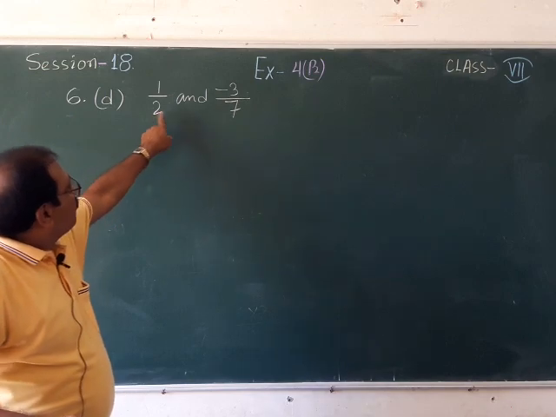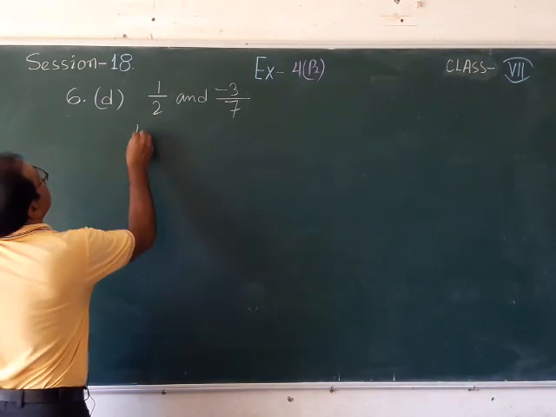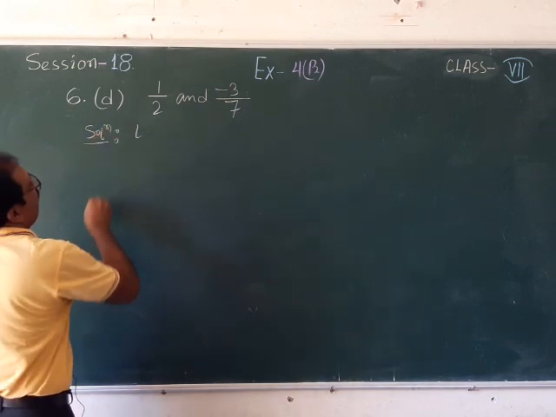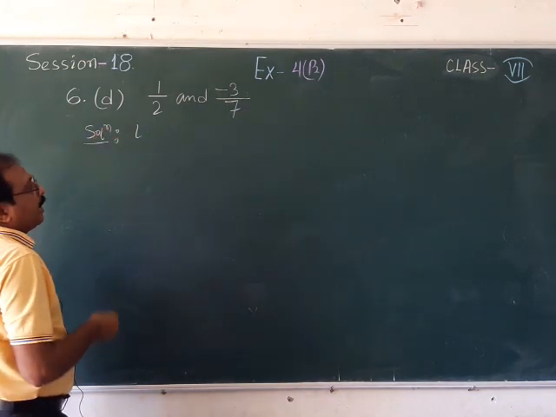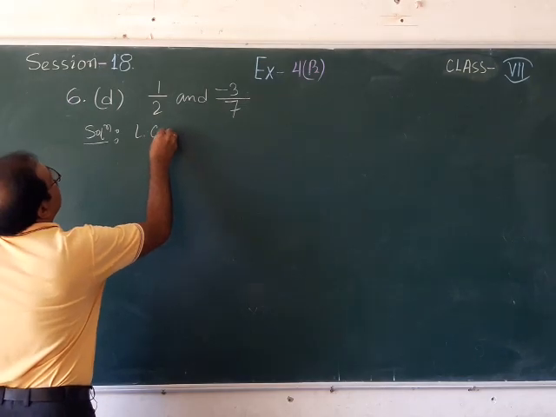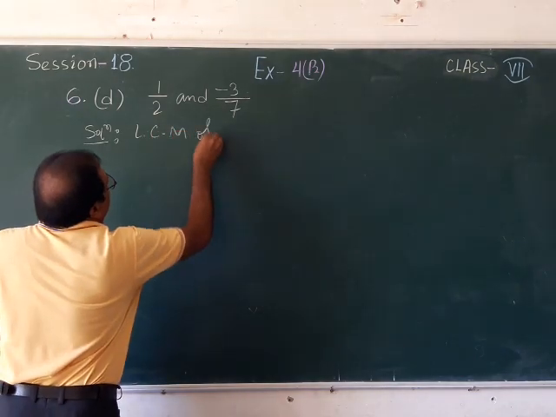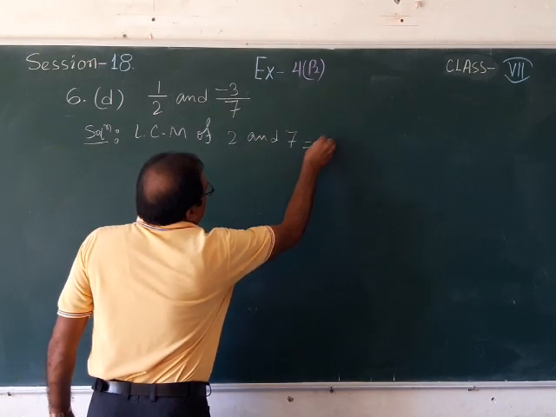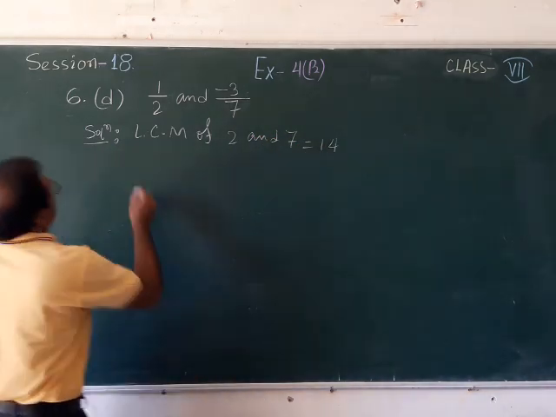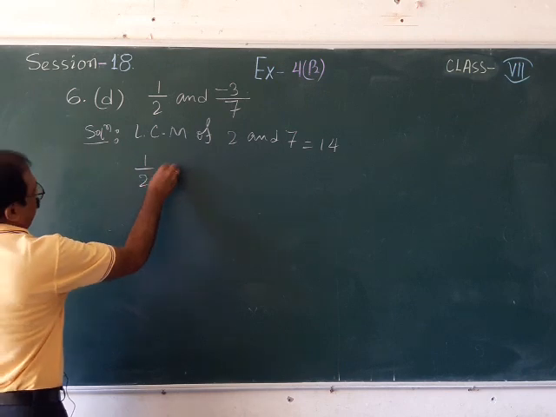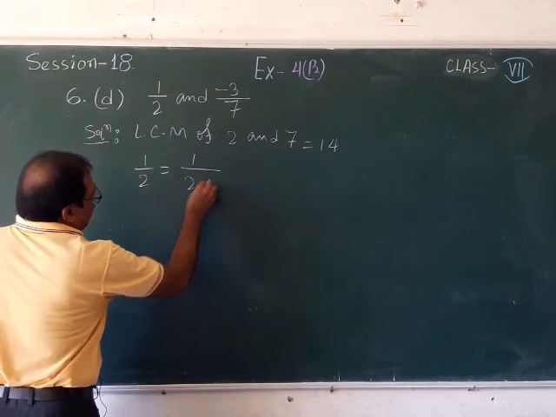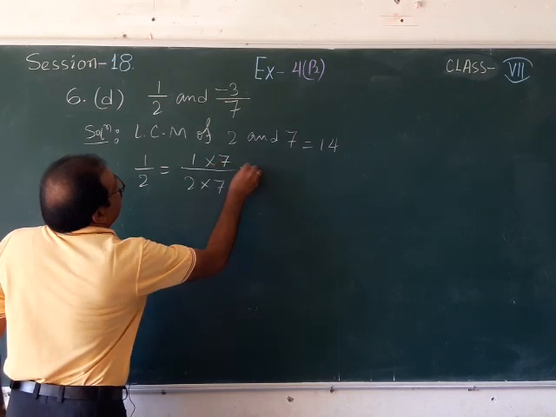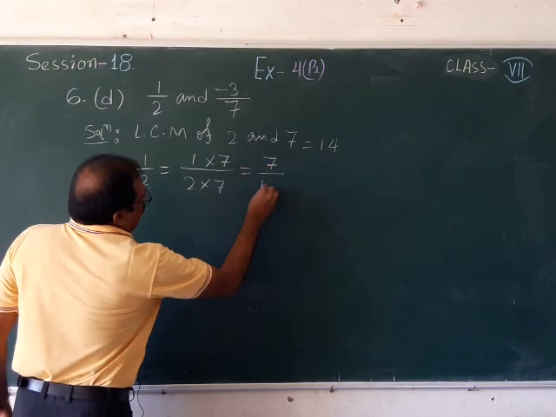So find the LCM of 2 and 7. In a solution, if your fractions are not like fractions, you change them into like fractions. At first you write: LCM of 2 and 7 is 14. Now 1/2 is equal to, make it 14 by multiplying by 7, it is 7 upon 14.